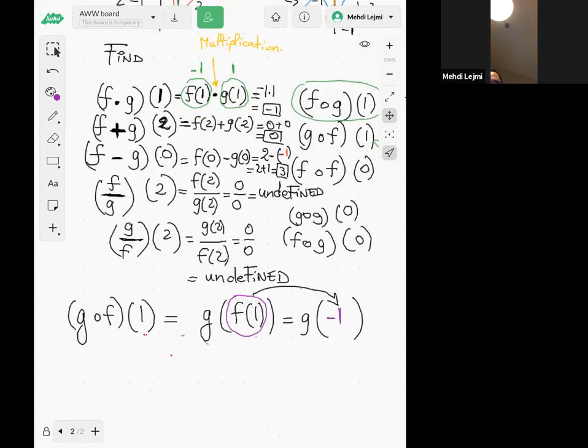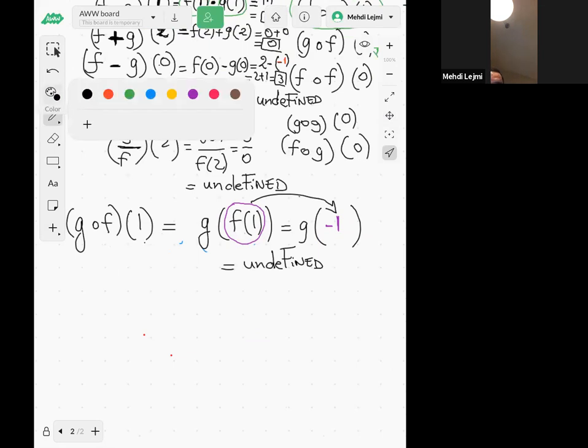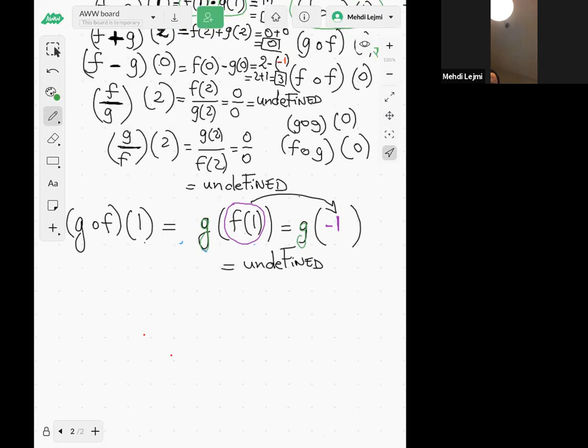So the answer here is undefined. As you can see, guys, here's my g. You keep the g, but you evaluate f of 1. So f of 1 turns out to be -1. And then there is this g outside, so that's g of -1. And so that's undefined.